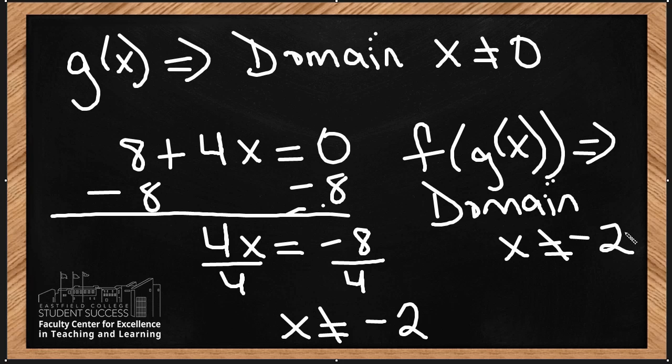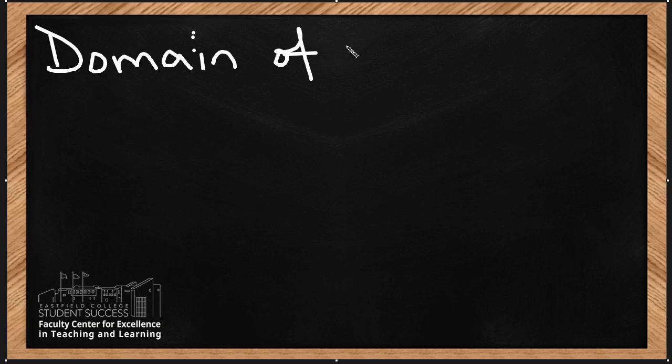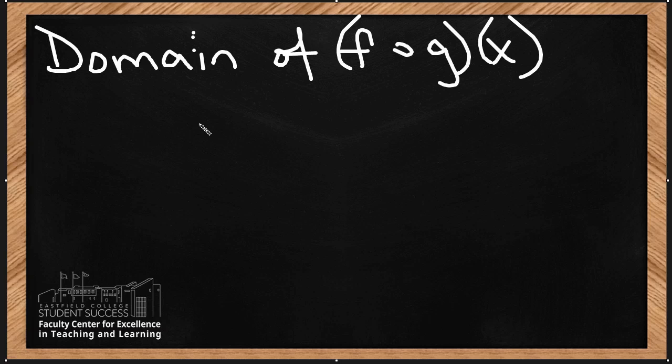To find the domain of the composite function, you need to combine the domain of the inside function along with your composite function. So x cannot equal 0 and also x cannot equal -2. So the domain of f of g entirely of x is x cannot equal 0, x cannot equal -2.